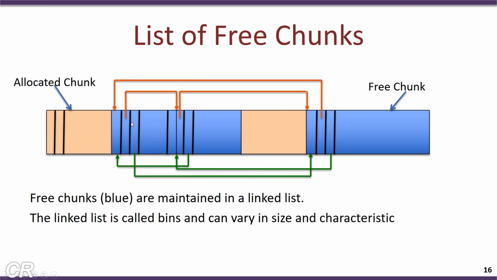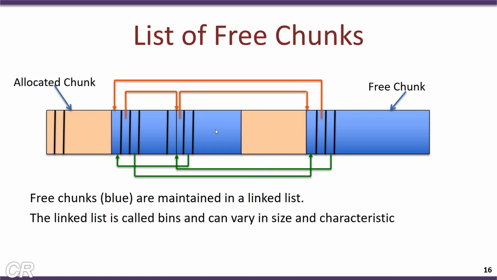Now, whenever some malloc gets requested, what happens first is that the ptmalloc code would parse through this particular linked list and determine whether there is a free chunk of memory that can satisfy the request for malloc.